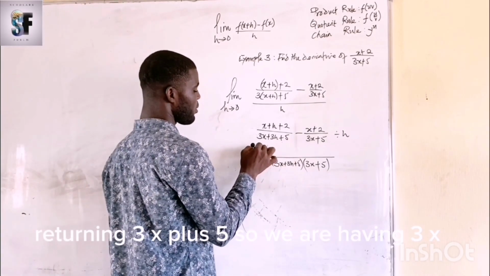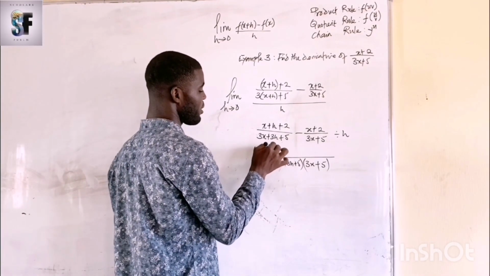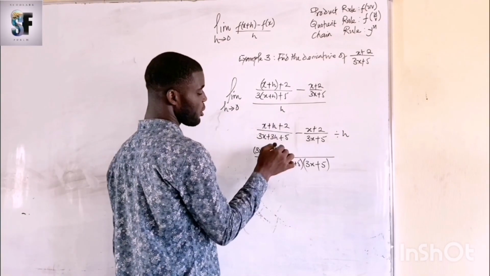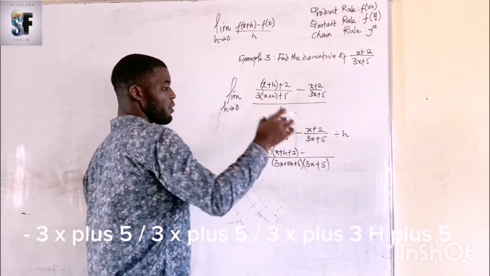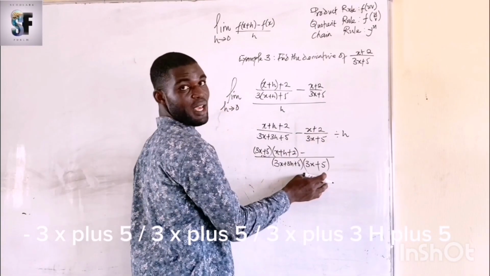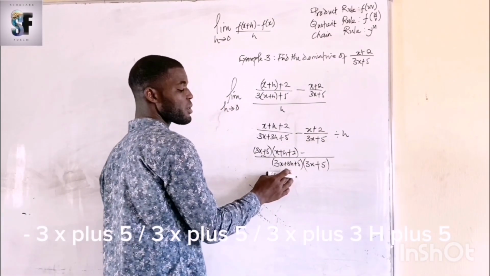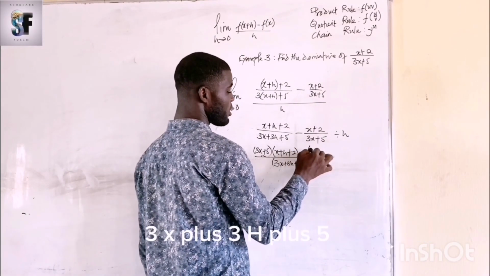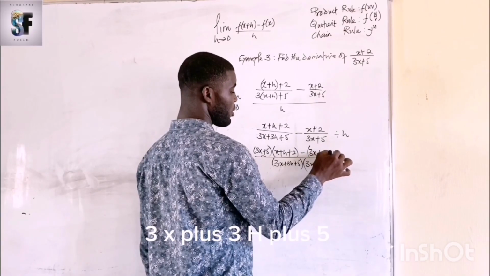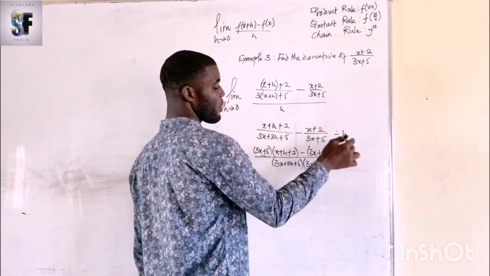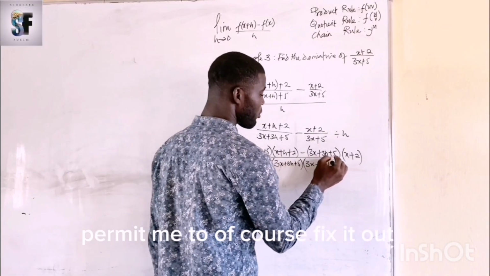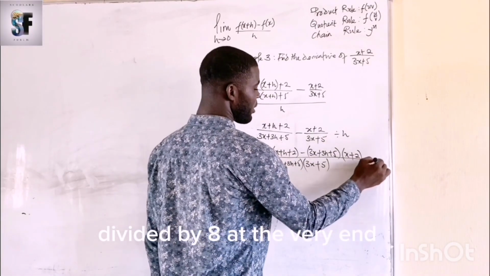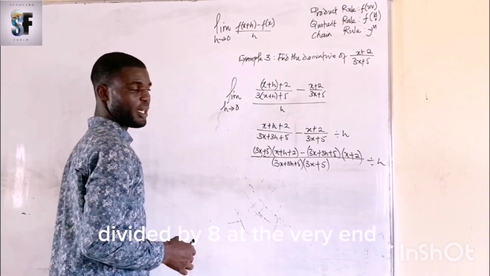So we have 3x plus 5 into x plus h plus 2, minus 3x plus 5 divides 3x plus 5, remaining 3x plus 3h plus 5. In bracket, I would have at the top x plus 2, all divided by h at the very end.